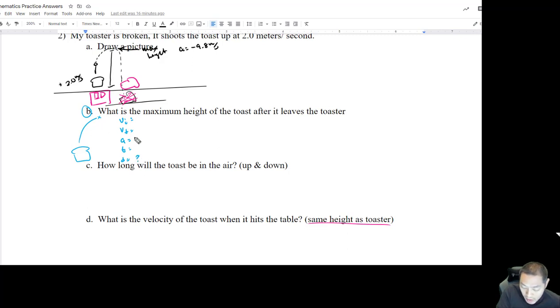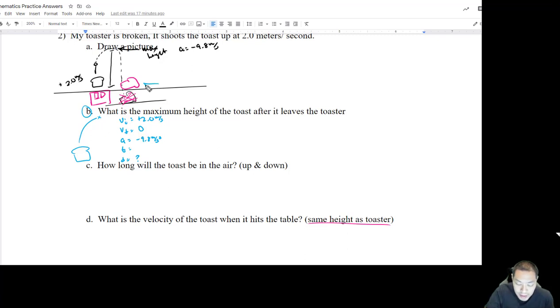We know that the acceleration is negative 9.8 meters per second squared because whenever anything's in the air on Earth, we're going to say it's negative 9.8. 2.0 is the given. Now, we need one more variable in order to find D. If we set this as the end of the problem, then we know that the velocity right there is 0.